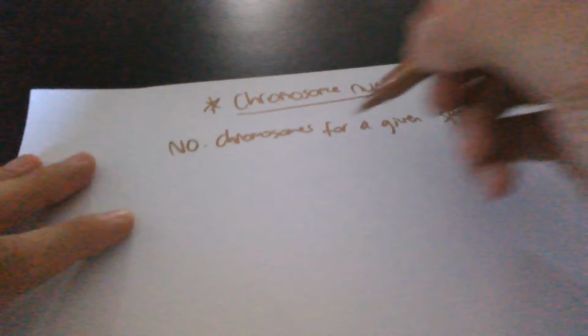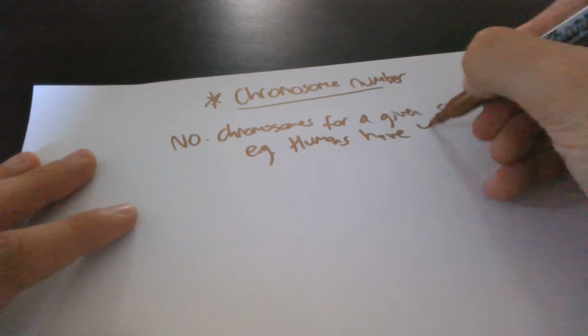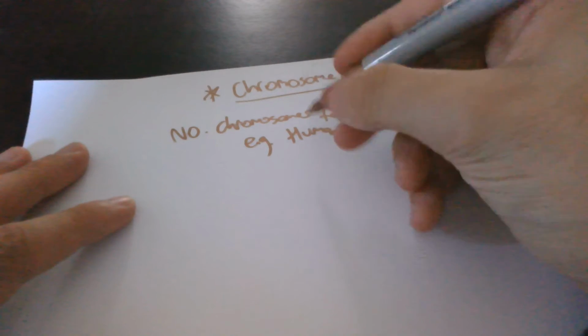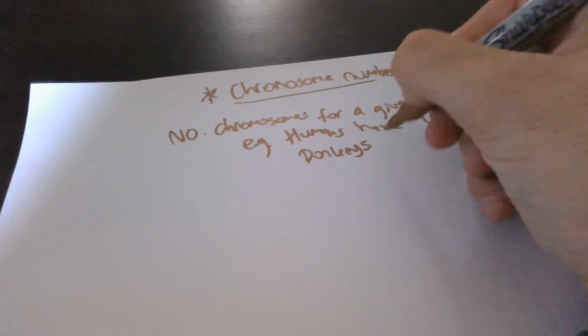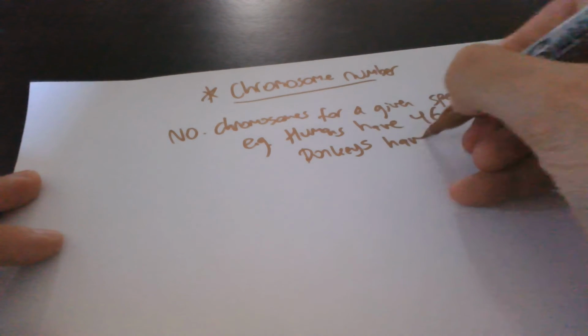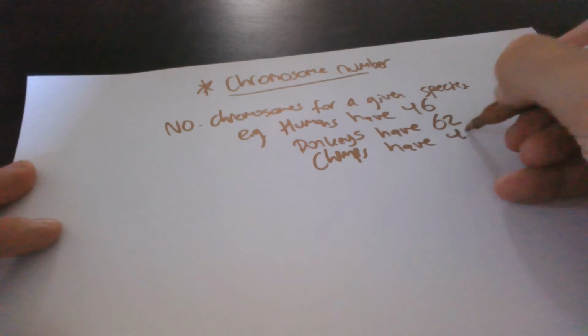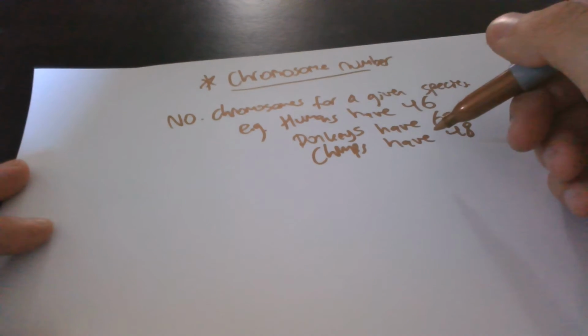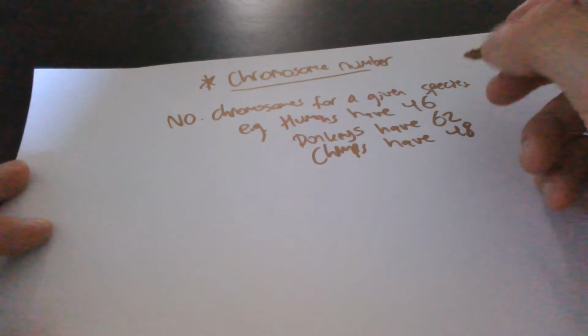So for example, humans have 46, donkeys have 62, and chimps have 48. That's chromosome number. It's basically the number of chromosomes in a species.